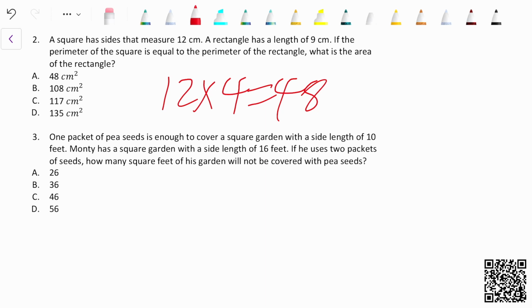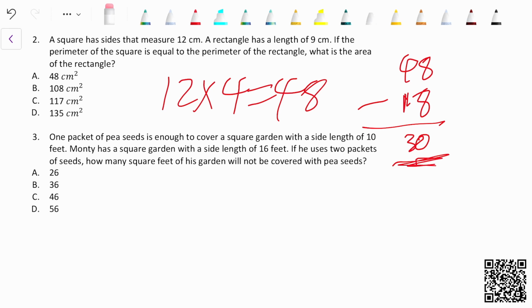You know that 9 times 2 is 18, right? So that would be both the lengths of the rectangle. So 48 subtract 18 is 30. So that is the combined width of the rectangle, 30.